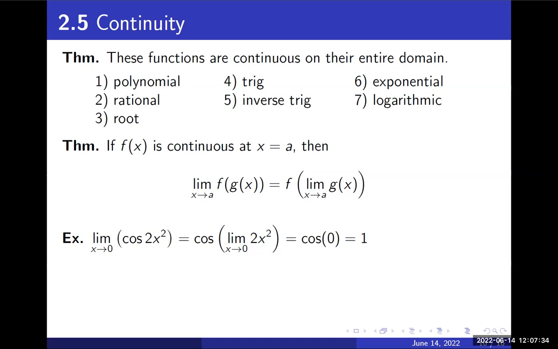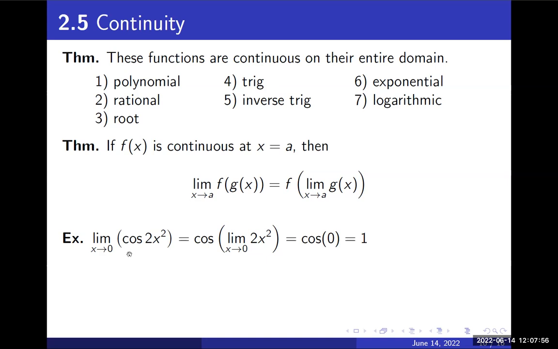Okay, so we say, all right, wouldn't it be great if we could just plug in the 0? And yes, that would be great. And it turns out we can, because we know that cosine is always continuous on its domain. It's a trig function.